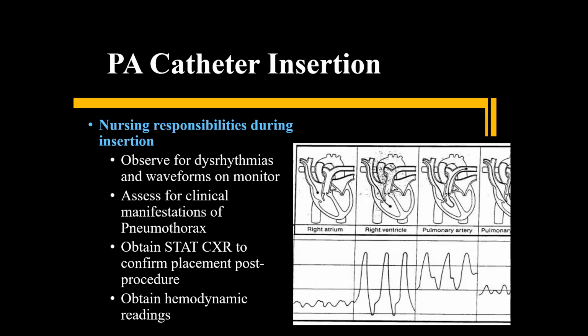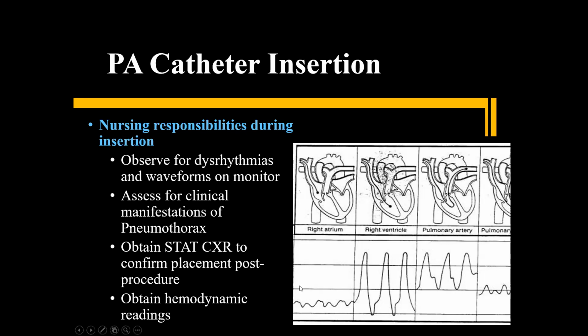So what I do is really just stand there and look pretty while the physician does all the work, and I watch the monitor. My job as a nurse is to watch the monitor. When we first insert it, it's going to be inserted either through the IJ or the subclavian. I have seen Swans inserted in the femoral, which is gross, but most often than not, it's going to be in the subclavian or the internal jugular.